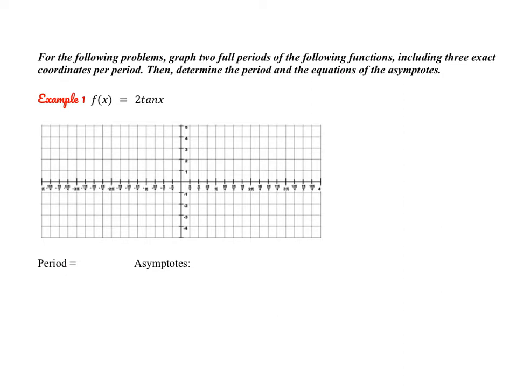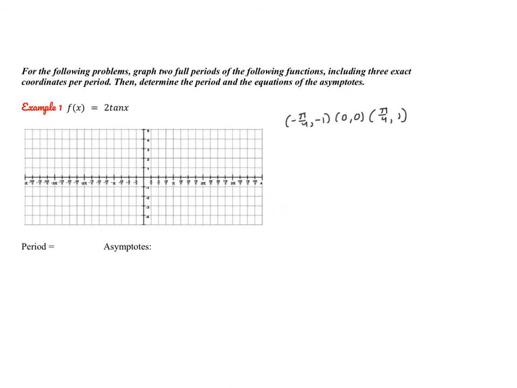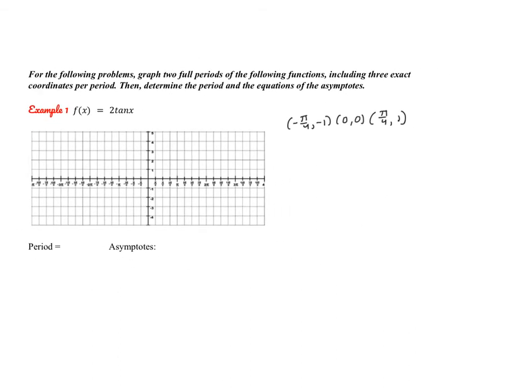The first one is just 2 times the tangent of x. First let's start by doing our key points and our asymptotes. Our key points were negative pi over 4, negative 1, 0, 0, and then pi over 4, 1. And then we did have asymptotes at x equals negative pi over 2 and x equals pi over 2 for a parent function.